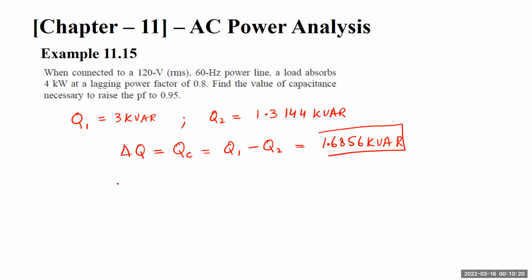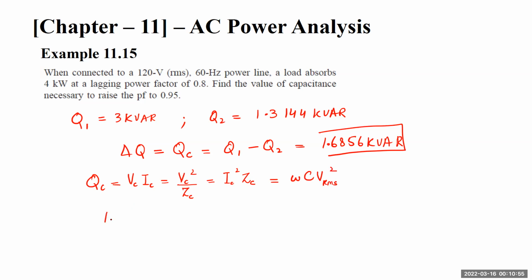Remember how we calculated the capacitance, or QC. QC is reactive power. Reactive power is VC times IC, or it can be calculated as VC square by ZC, or IC square times ZC. Any of these formulas will give you omega C V RMS square.